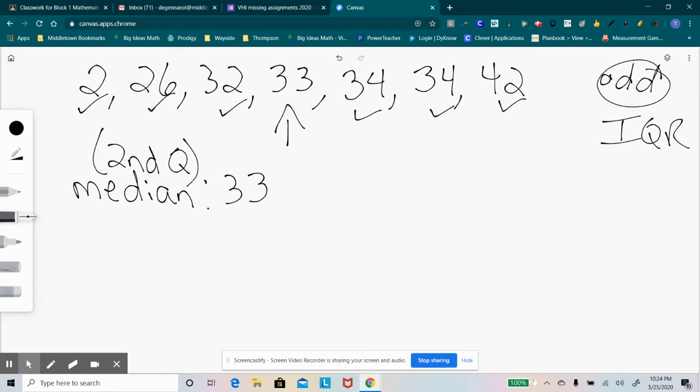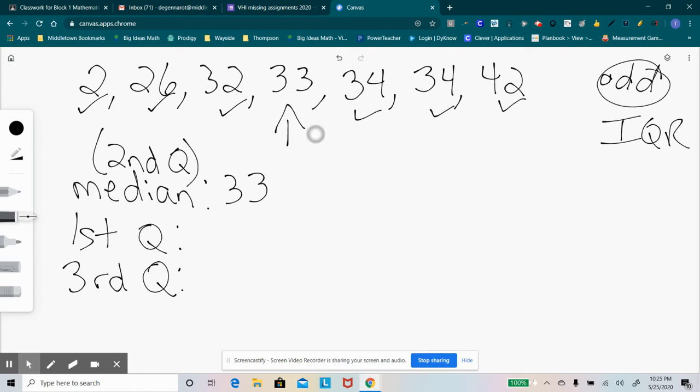But here's what you have to remember. When you have an odd number of data set, we need to find our first quartile and our third quartile. And in order to do our first quartile, if you remember the definition, it is to find the median of the lower half below the median, the second quartile.